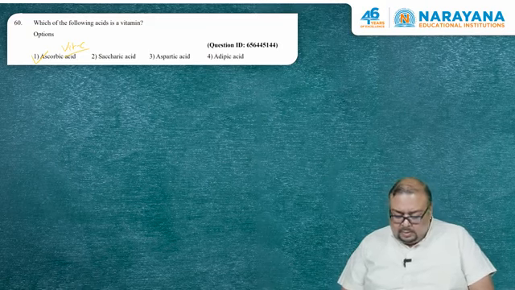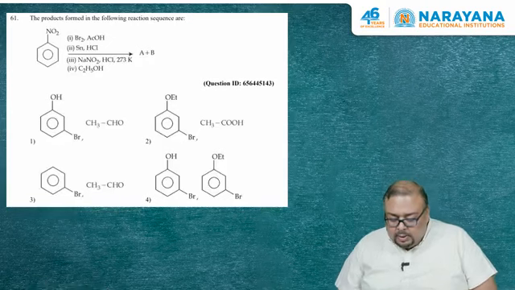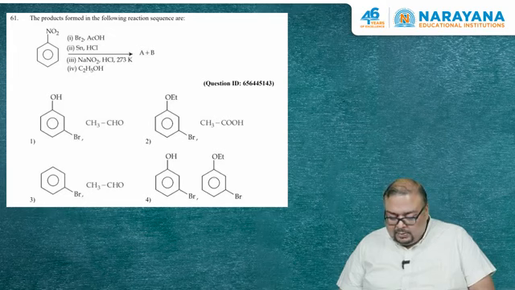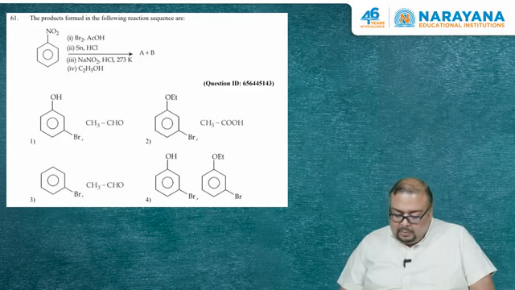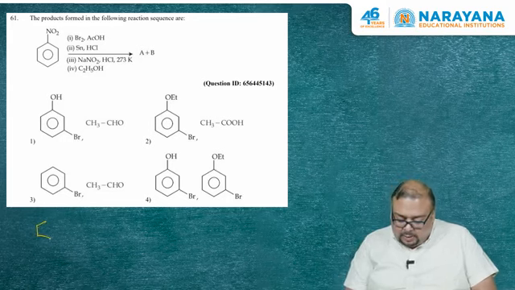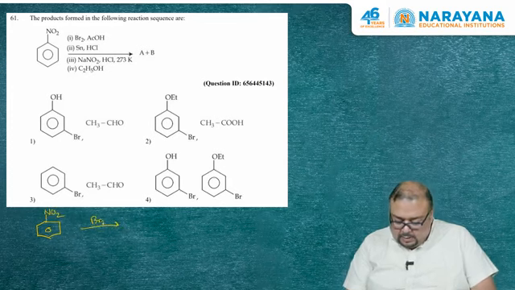Next is question number 61. Now, in question number 61, the products formed in the following reaction sequence are. Okay, so first step is reaction with bromine and acetic acid. So let us start with the given reactant, which is this, with bromine and acetic acid.